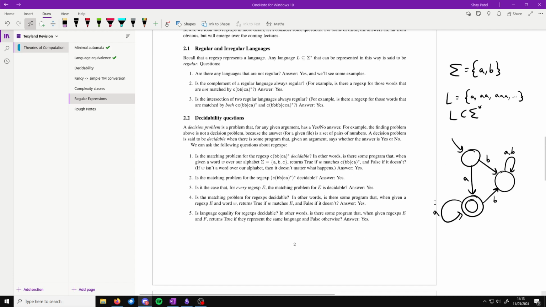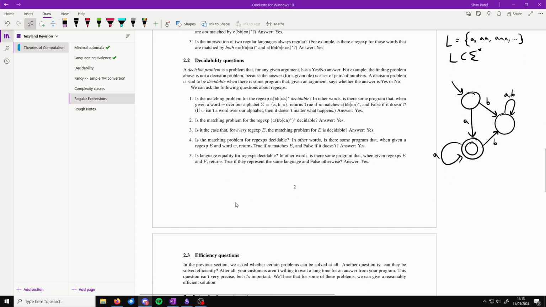So, L can be represented by a regular expression. If L can be represented by a regular expression, then what that means is we can also represent that as a DFA. And the reason why that's true is because of Kleene's theorem.